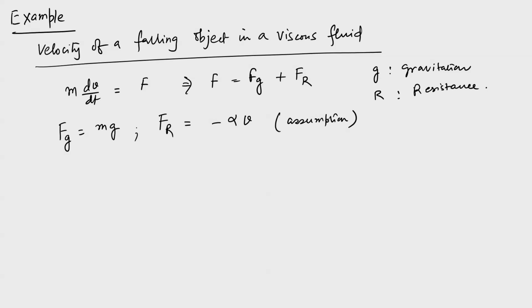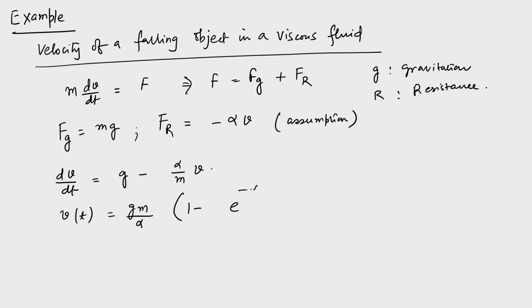So, v is the velocity, and we can write dv/dt equal to g minus alpha by m into v, and so v of t can be g m over alpha times 1 minus exponential of minus alpha by m t.